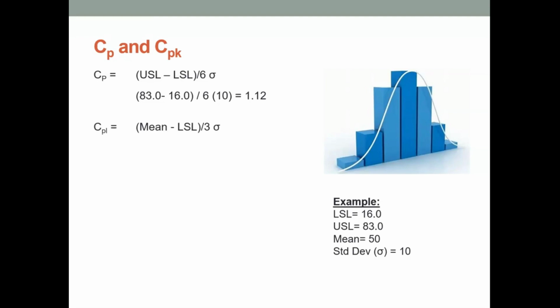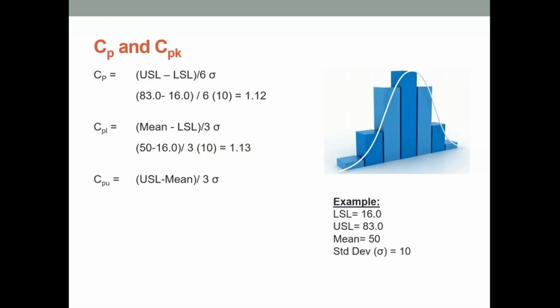Our CPL is our mean minus our lower specification limit divided by 3 times your standard deviation. So in practice that would give us 50, which is our mean, minus 16, which is our lower specification limit, divided by 3 times our standard deviation, which is 10, which gives us a result of 1.13.